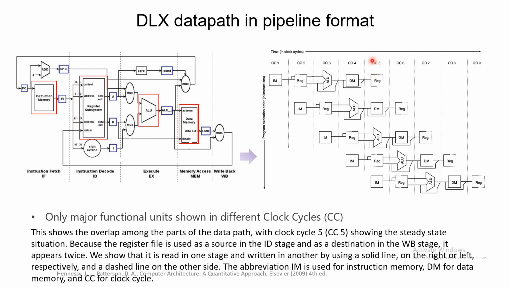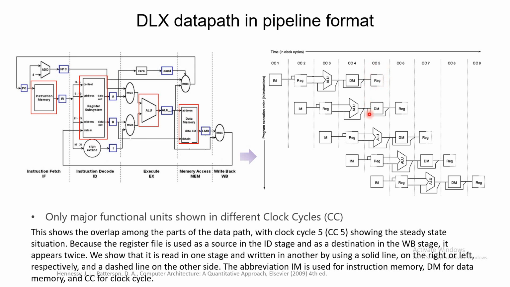And at the fifth clock cycle, each and every stage will independently perform the operation assigned to that particular stage. The fifth stage, which is the write back stage, will write to the register if the instruction needs it.